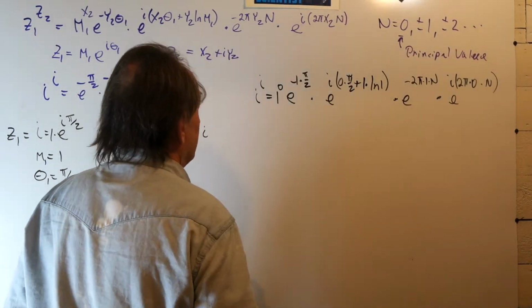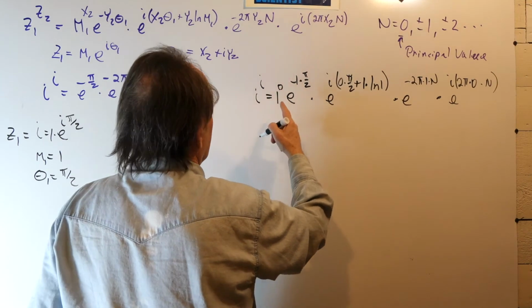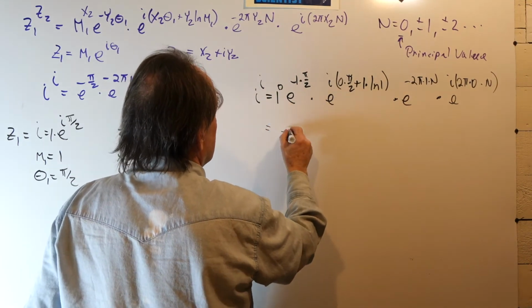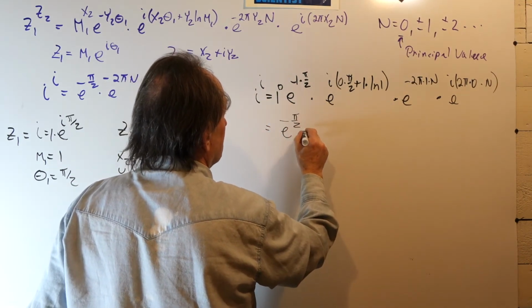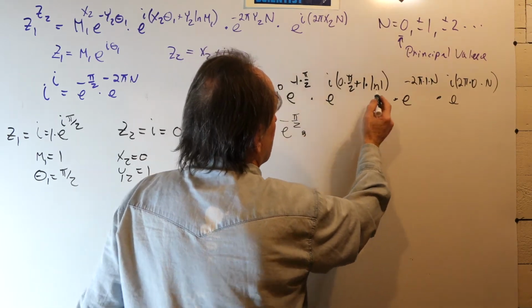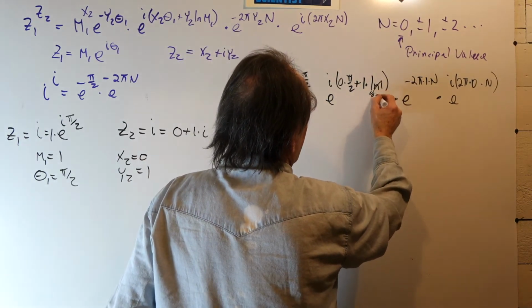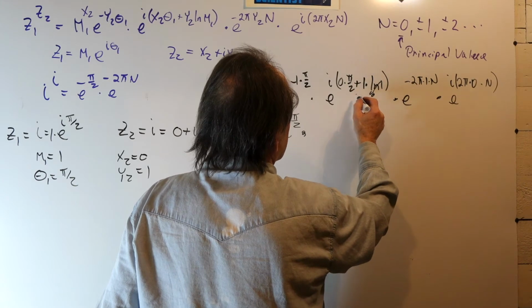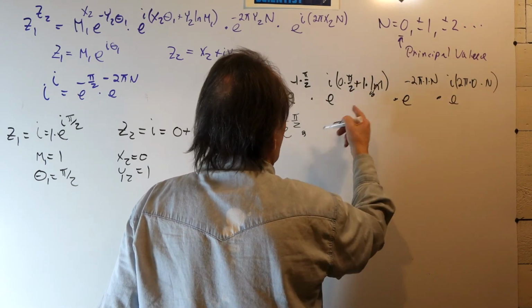Well, let's simplify this. 1 to the 0 is 1, so this becomes e to the minus pi over 2. The natural log of 1 is 0. 0 times pi over 2 is 0, so this is e to the 0, or 1.